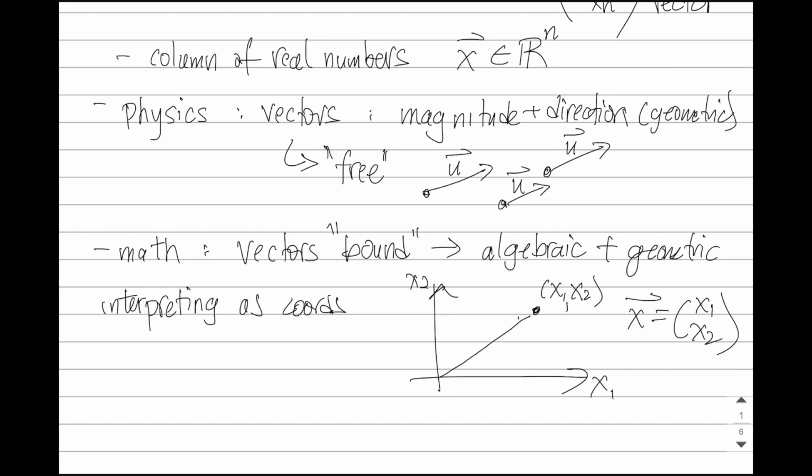You could also then think of it as an arrow pointing from the origin, which we're going to denote by the 0 vector, up to that point x. And so a moment ago when I said that our vectors are bound, they're always going to be starting at the origin. So it will initiate from the origin and terminate at this point x. You are completely allowed and encouraged to interpret vectors as either points or arrows.